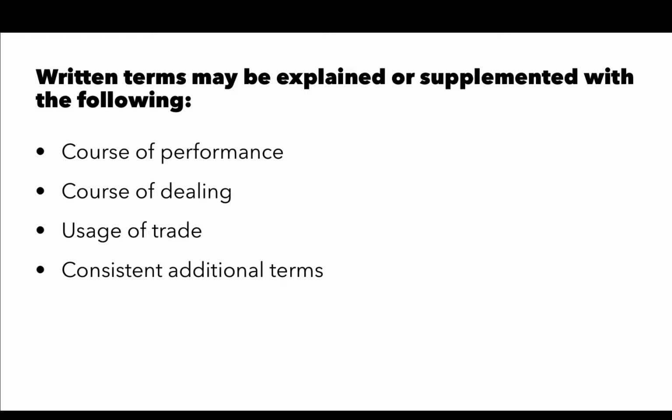So therefore, consistent additional terms. We can't contradict any terms in the contract, but if the terms are consistent with the contract and add to our understanding of the contract, then that is sufficient.